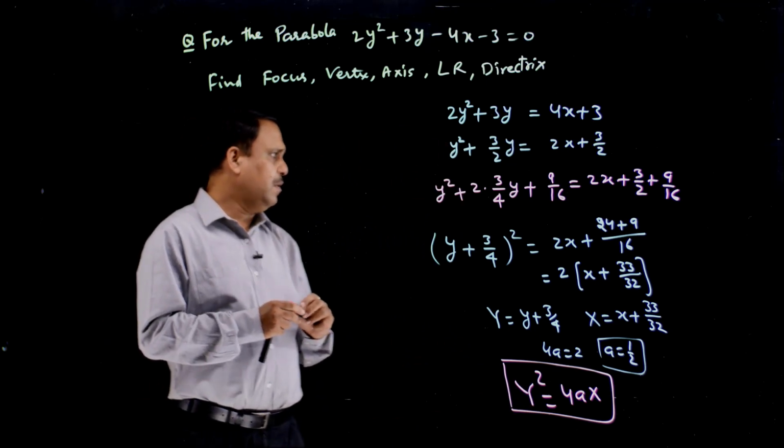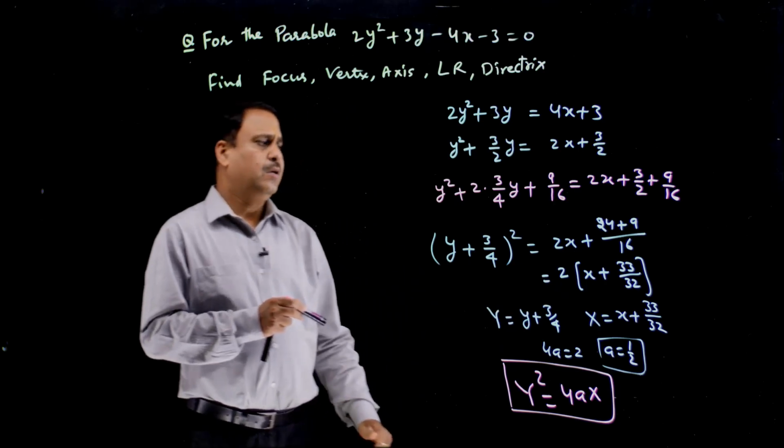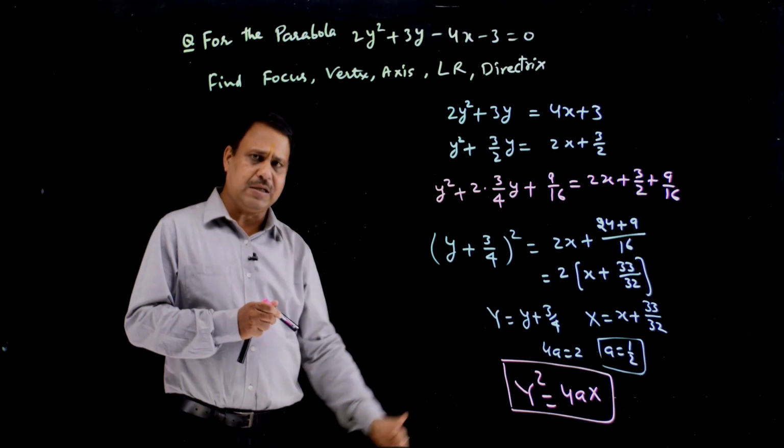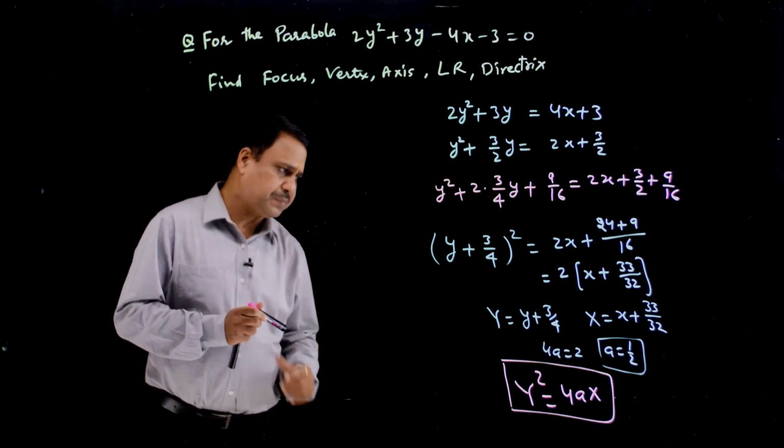What I have done is shifted the origin from (0, 0) to another point. So now I will write with respect to this new axis and with respect to the old axis. Both we will write here.